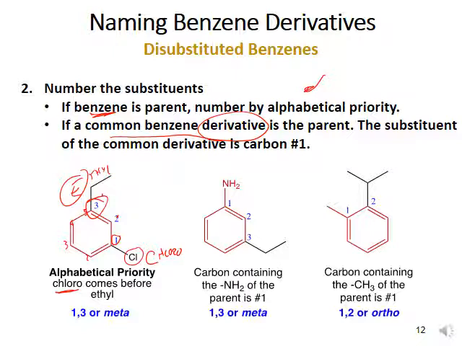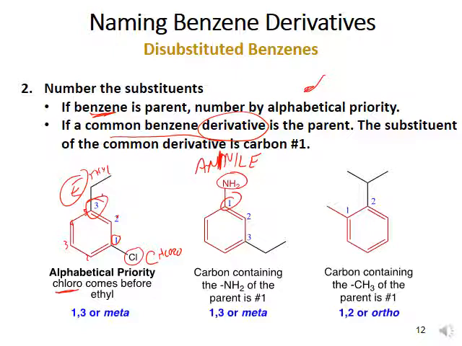Now that's if benzene is your parent. If one of the common name derivatives is what you're going to use, because it's the NH2 that's attached to the ring that makes this aniline, by definition, that means that that's carbon number 1.